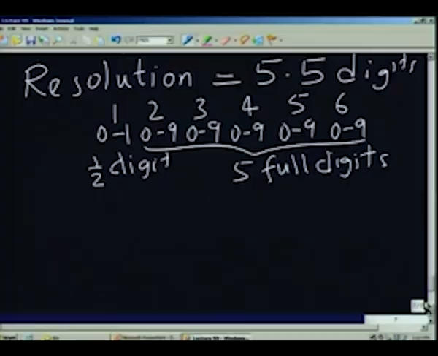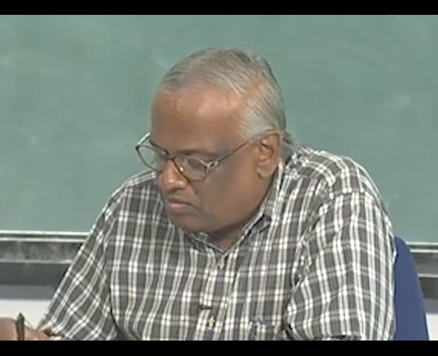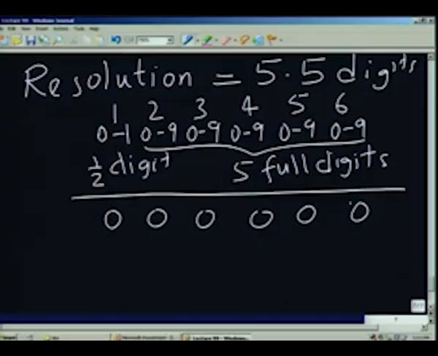So, the resolution of the instrument, you can see now, if I represent the output in the form of a 6 digit number, 1 2 3 4 5, there are 6 digits. Of course, 1 is a half digit, that means it can go only from 0 to 1. I can have a minimum of 0, and I can have the maximum, 1 9 9 9 9 9.